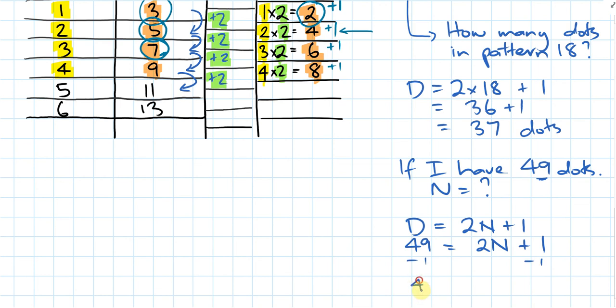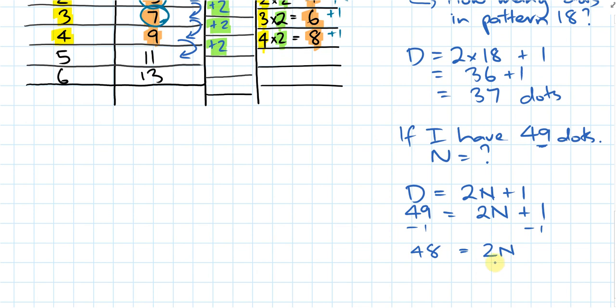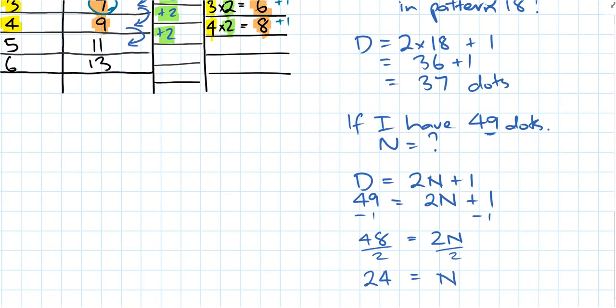I end up with 48 equals 2n, and then dividing both sides by 2, on the left I get 24 is equal to n. So pattern number 24 has 49 dots. That's how we can use an equation which has been created from the rule to find out other information about the pattern.